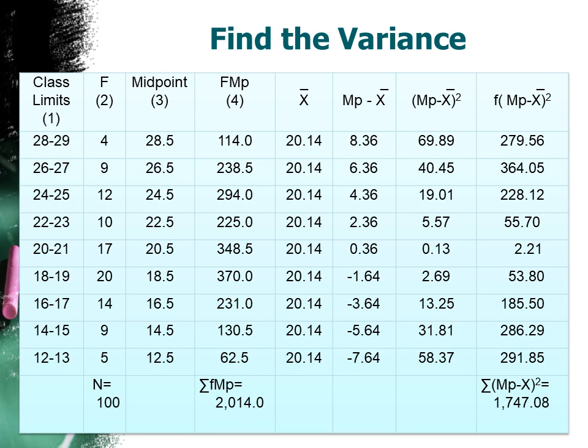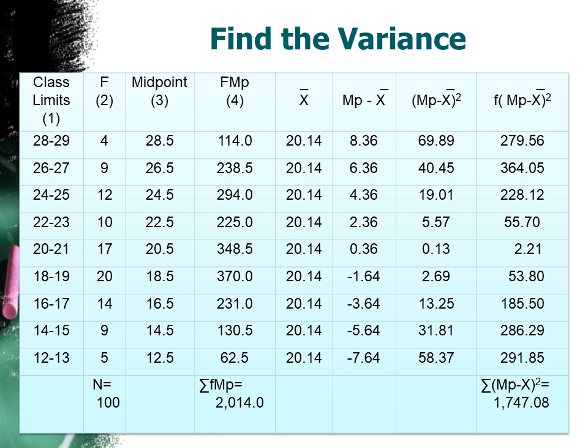You will do the same process sa second part, 26.5 minus 20.14, that's 6.36. And so on and so forth. So, midpoint minus mean, para makumpleto mo yung column number 6. After that, you need to square each value of column number 6 to get the column number 7, which is the square of the deviation.